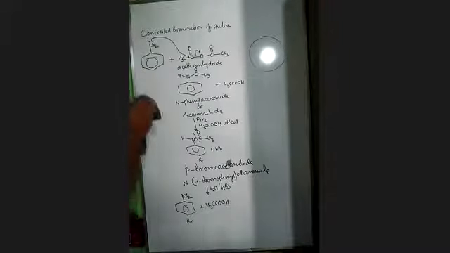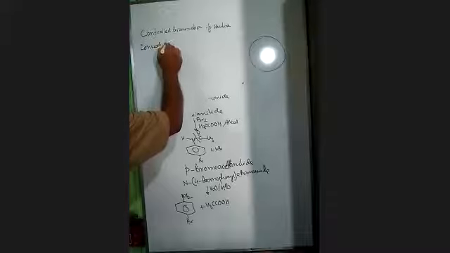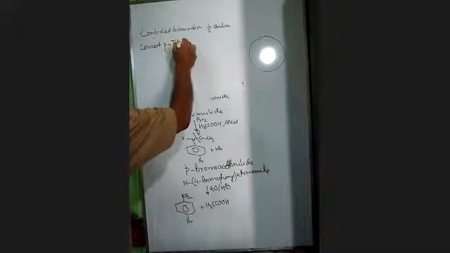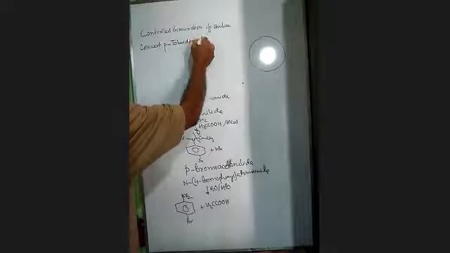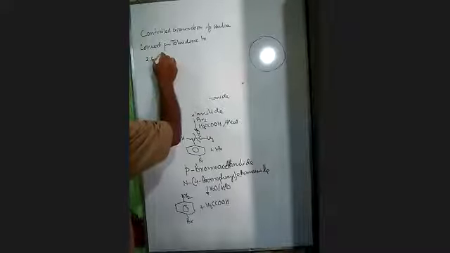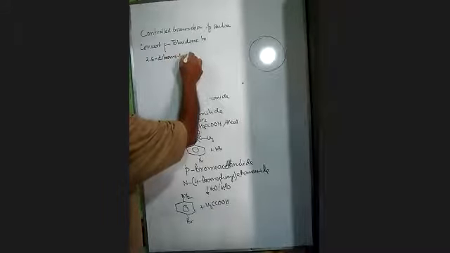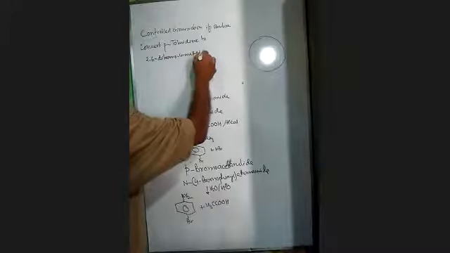Right, okay, sir. Now suppose the question comes: convert para-toluidine to 2,6-dibromo-4-methyl aniline.